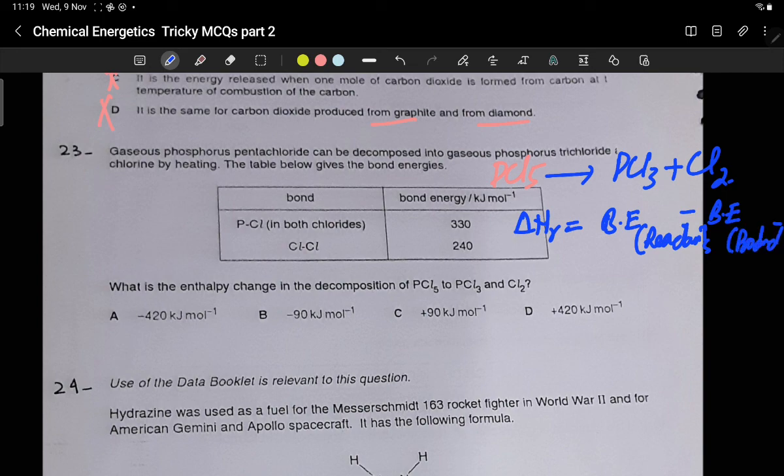Bond energy of reactant is equal to PCl5, 5 into 330, minus the product, PCl3, 3 into 330 plus chlorine Cl2, 240.